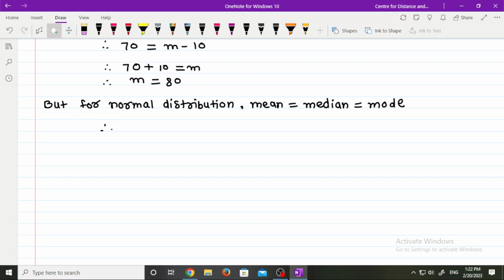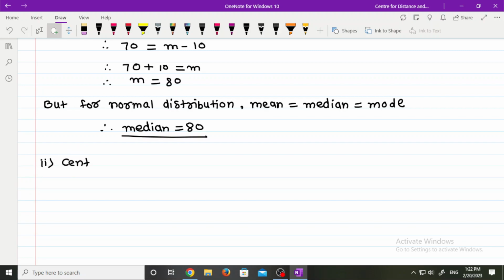Therefore, median is equal to 80. Okay. Now second, we have to find the limits of central 50% items.